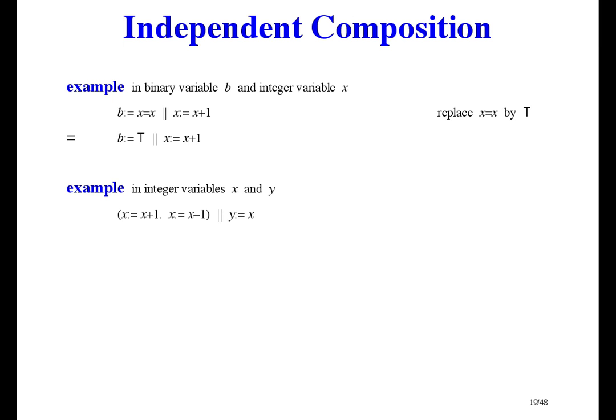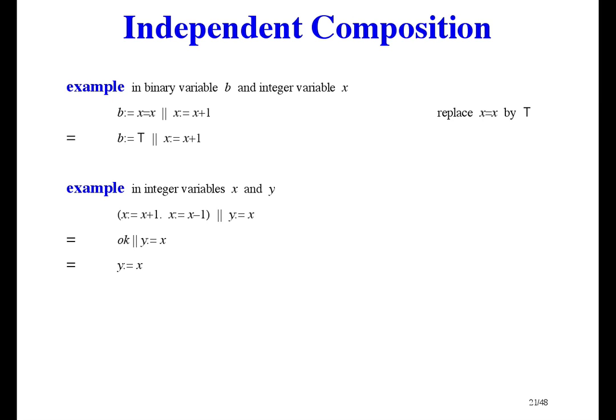In this example, on the left side, x is increased and then decreased again. So that's the same as OK. And doing nothing in parallel with y gets x is the same as just y gets x. Y is assigned the initial value of x.